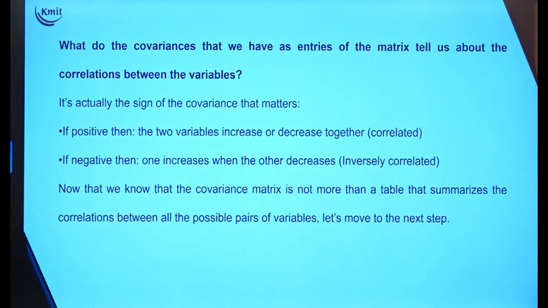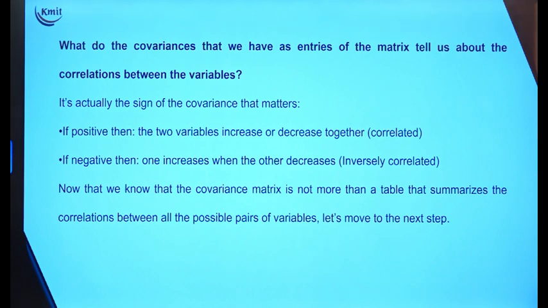Now let's see what the covariances that we have as entries of the matrix tell us about the correlation. By calculating covariance we find the relation between the variables. If the covariance value is positive, then the two variables increase or decrease together, that is they are correlated.